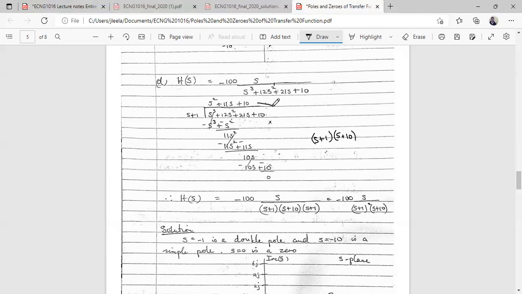So from that quadratic, you get two simple factors.